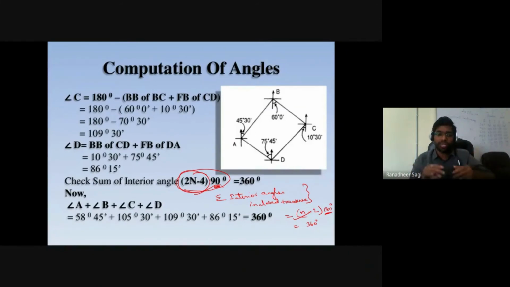You can try to cross verify. It's a kind of cross check. That is, the summation of all the internal angles of that closed traverse should be equal to (n minus 2) into 180 degrees. First add all of the interior angles you have calculated, and check whether the value satisfies the condition, that is, (n minus 2) into 180, or not.